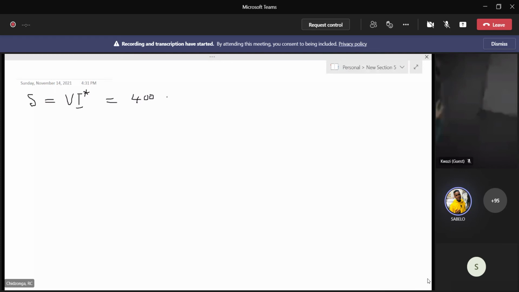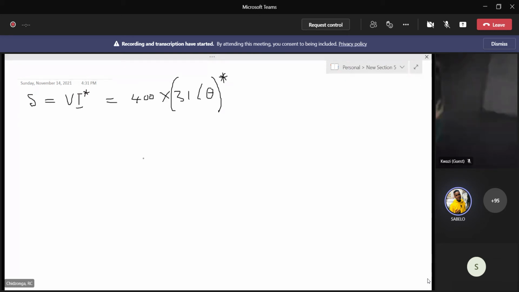The current is 31 angle theta in brackets, conjugate. The power is voltage times the current conjugate. That's the formula.